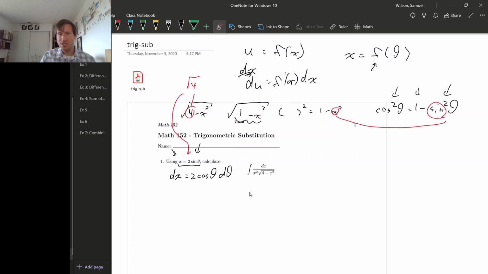And now we can do our substitution. Unlike with U substitutions, you won't really need to do any shuffling around. We can just take these pieces and plug everything in.